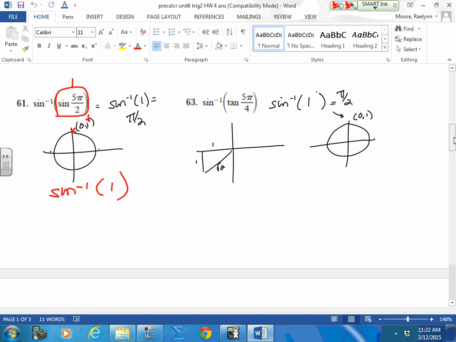I'm restricted from here to here. Yeah, it just so happens to be the same angle, right? But I have to rename it to be pi over 2, because my sine can only go from negative 90 to positive 90, from negative pi over 2 to positive pi over 2. I can't name my angle to be 5 pi over 2. It's out of my domain.